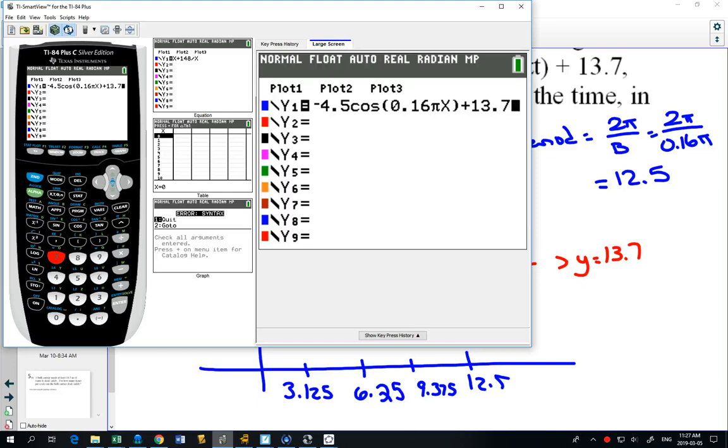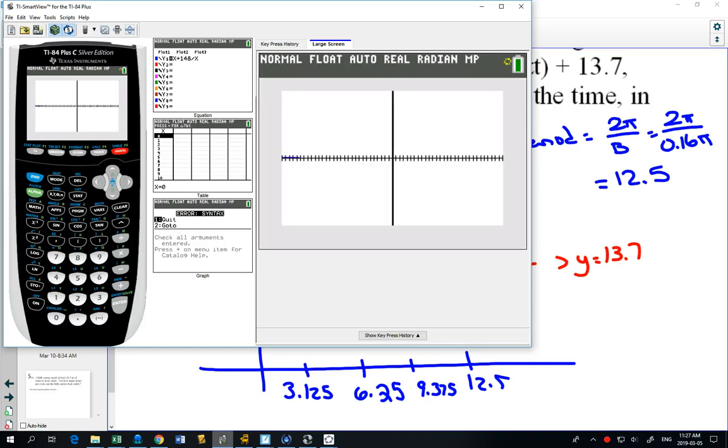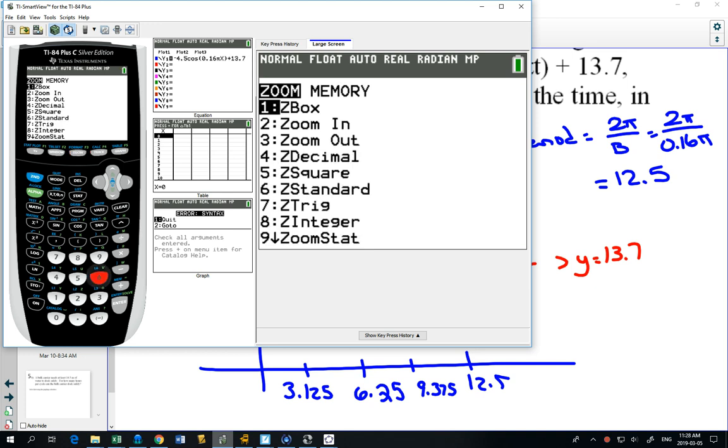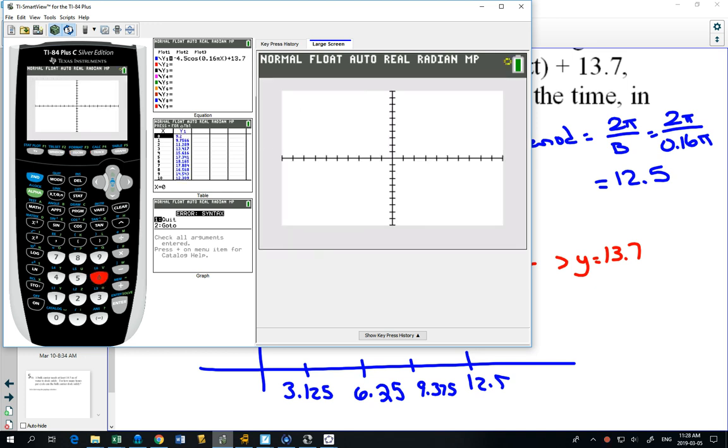And right now, if I hit graph, that's what I get. Nice. If you hit graph, maybe yours looks like this. How many people's graph looks like this? Okay, I just changed it to a standard window.